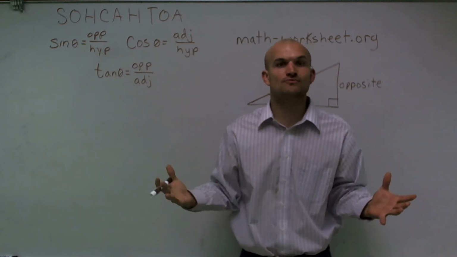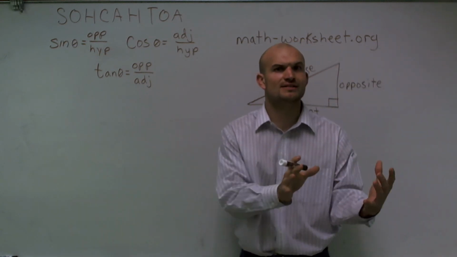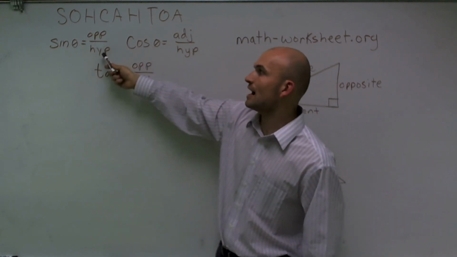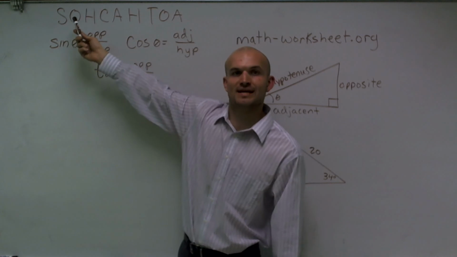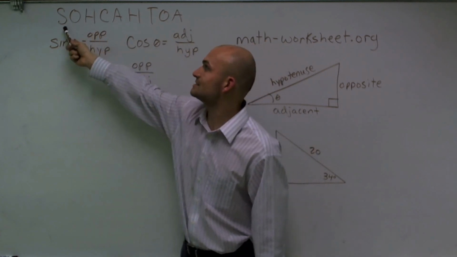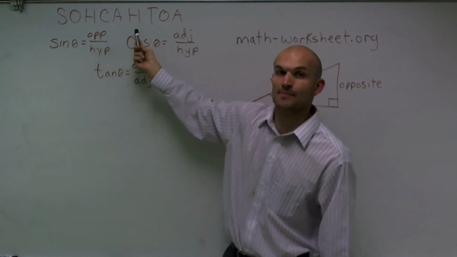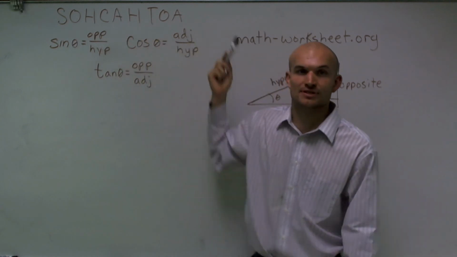One way that you can always remember these ratios is SOHCAHTOA, which says sine is opposite over hypotenuse, cosine is adjacent over hypotenuse, and tangent is opposite over adjacent.